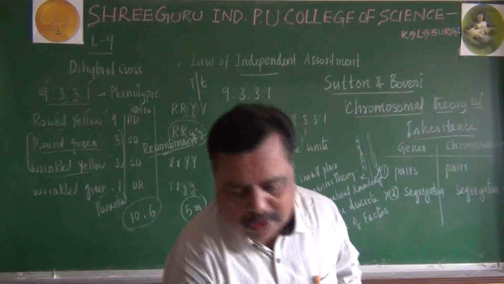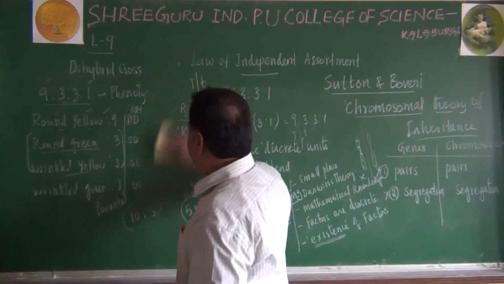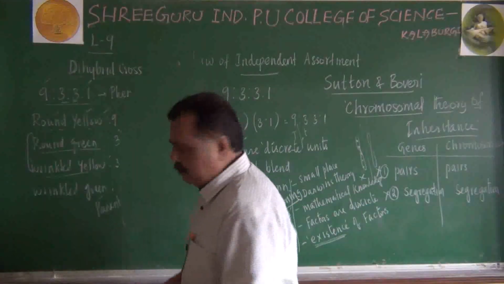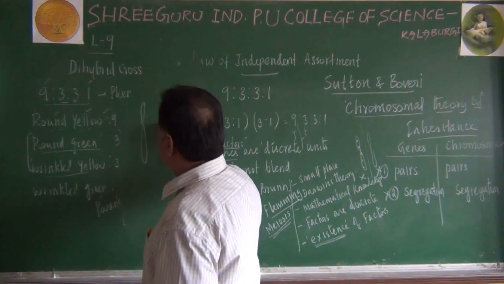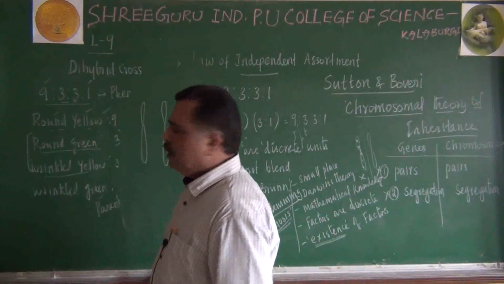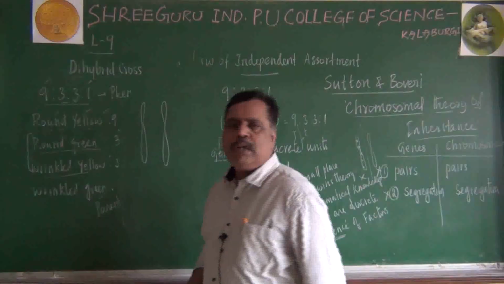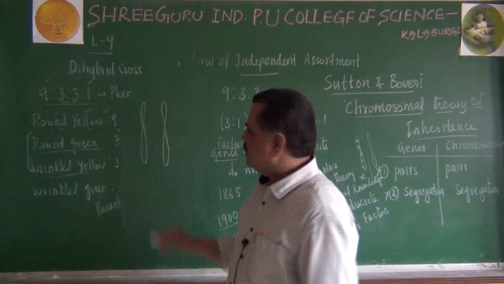Please remember this point, dear students. Imagine this is one chromosome, and this is another chromosome. These two are called homologous chromosomes. Why?